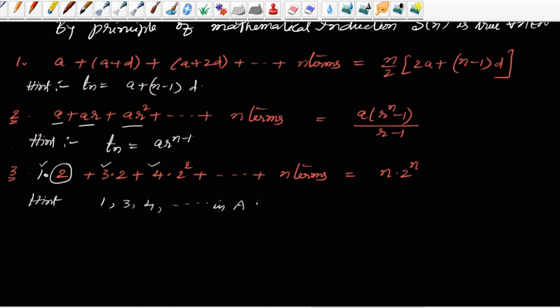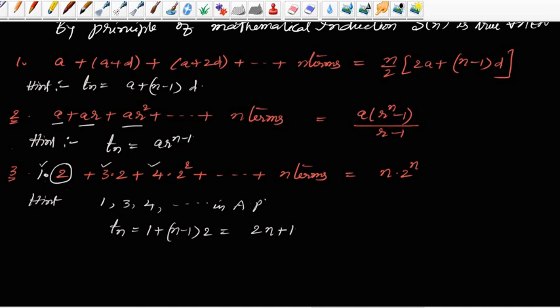In the same process, we can use the nth term formula a plus n minus 1 into d. A means 1, plus n minus 1 into d, where the common difference is 3 minus 1, that is equal to 2n plus 1 minus 2, plus 1. This is the nth term of the first product.